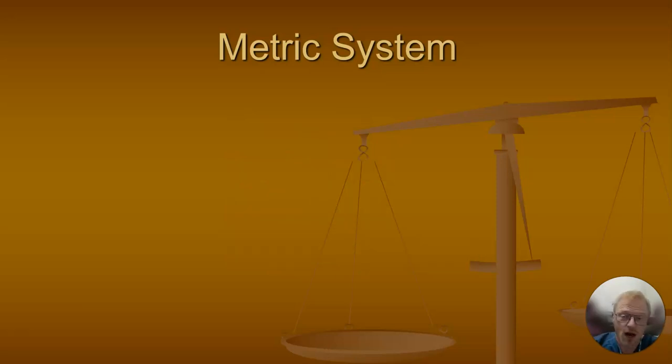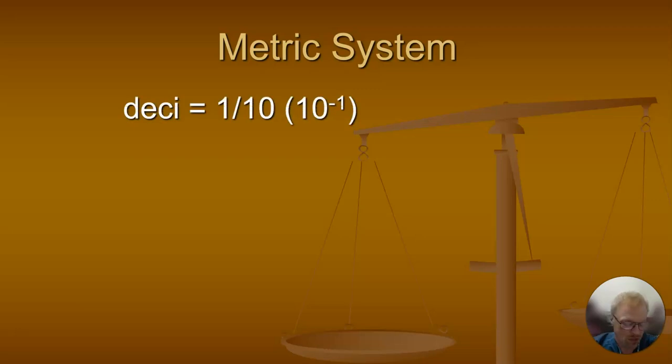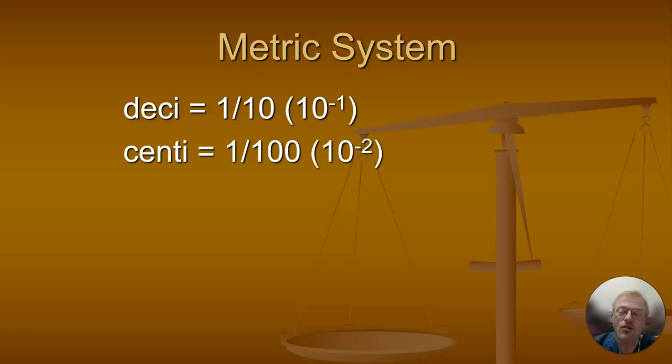Now we can go the other direction, which is what you're going to see us do a lot, because we are using small amounts of medication to take care of our patients. So deci is 1/10. So a decigram is 1/10 of a gram. A centigram, or a centimeter, is 1/100th of a meter.